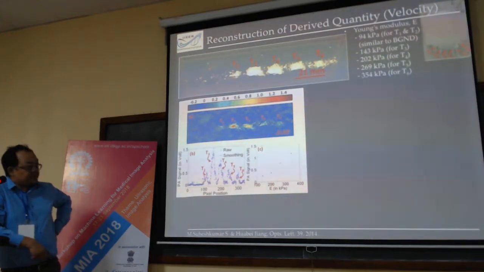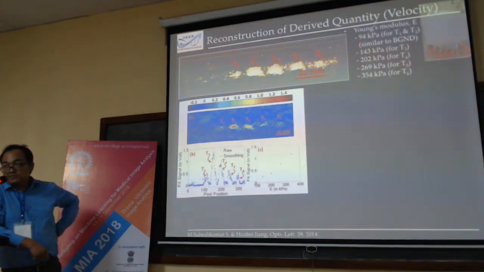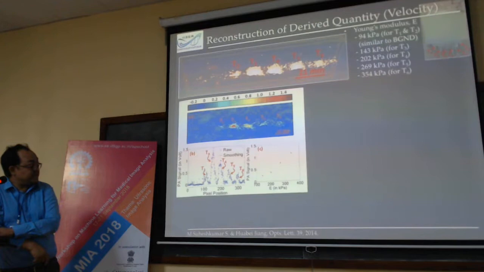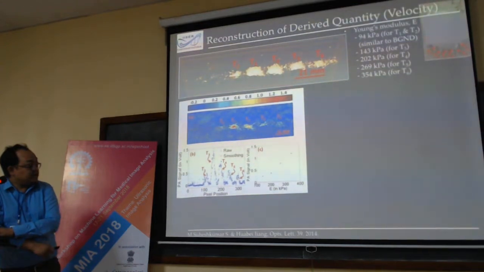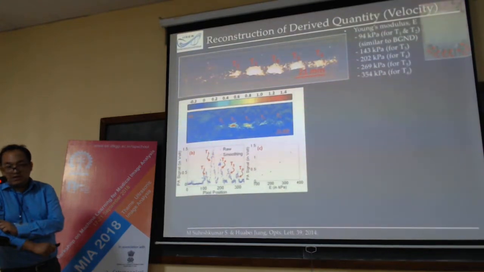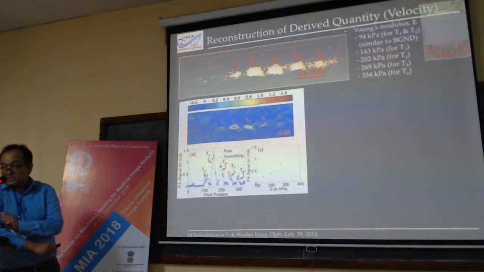In the sense that the photoacoustic signal can give signal contrast with respect to the elastic property of the samples, so one can derive the elastic properties from the photoacoustic imaging system. However, this is qualitative, not quantitative. About quantitative, that is what people are now focusing on: how to get the quantitative values of the elastic properties.